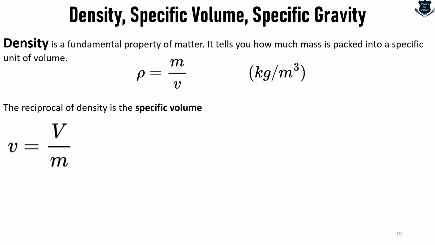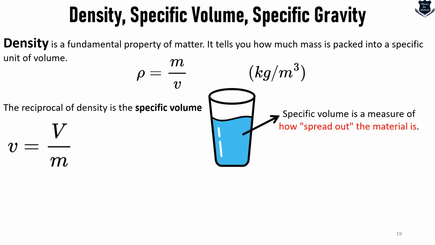Now, the reciprocal, that means the opposite of density, is the specific volume, which is small v equals V by m. Let us imagine that you have a certain amount of material, say water. Specific volume tells you how much space that material occupies per unit of its mass.